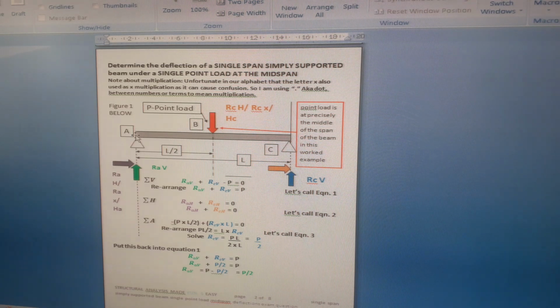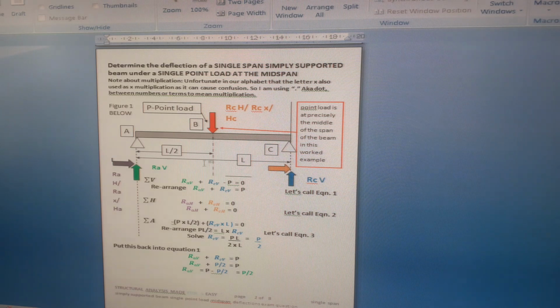And then we take moments. For a pin supported beam, we can take moments about any point in the structure, and it should be 0, because it's just like doing a free body diagram.